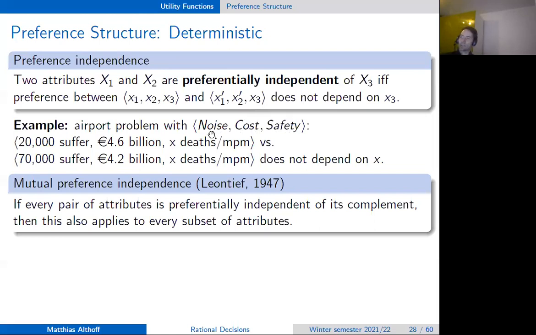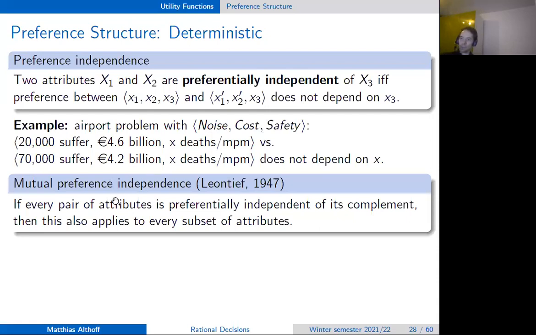This is not a good example because we just have 3 attributes, but let's say you have 5 attributes. If for each pair of these 5 attributes you have this preferential independence, then that would also mean that if you just choose 3, these 3 attributes would also be preferentially independent of the other 2 remaining attributes.